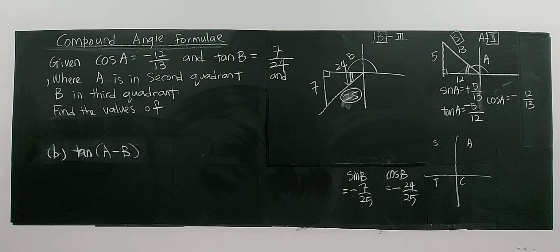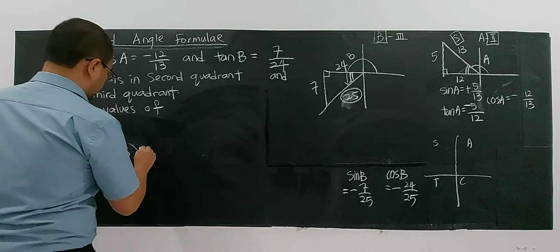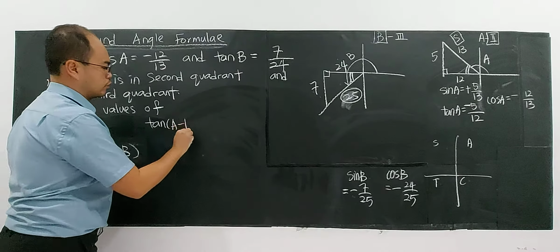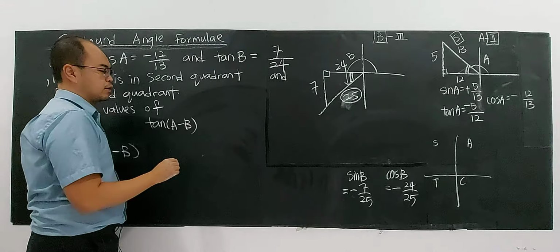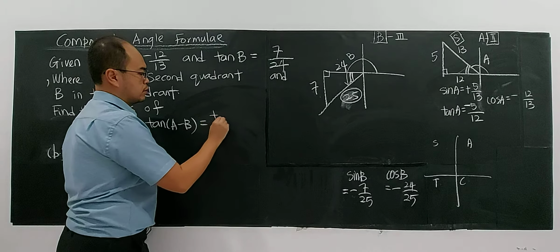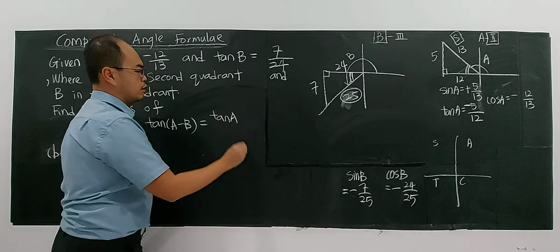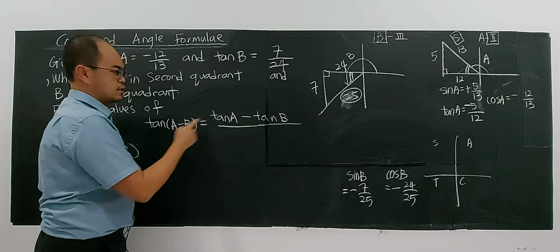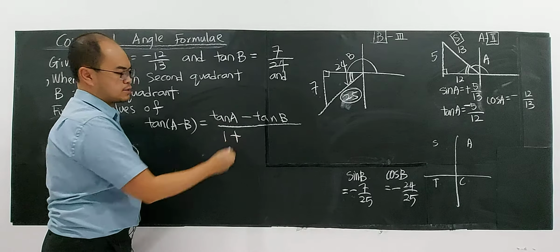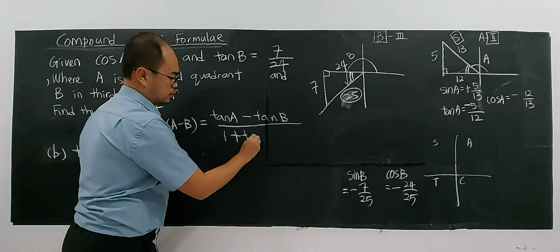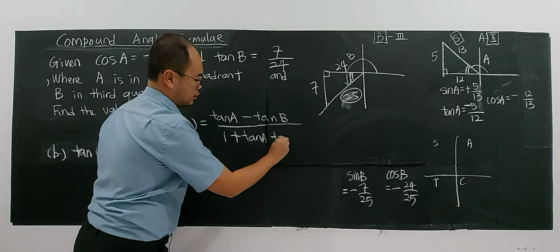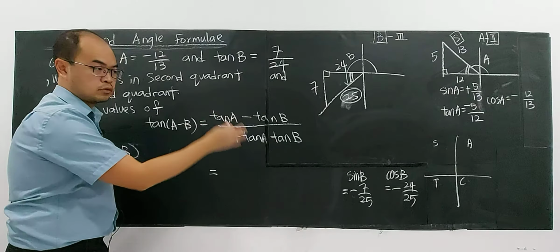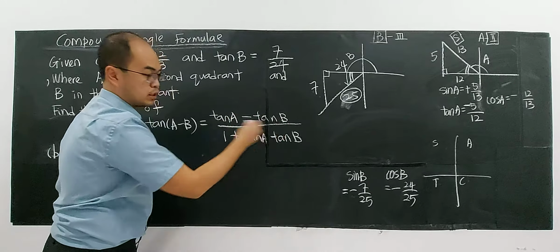Alright, let's continue with part B, tangent A minus B. You already know the formula for the compound angle of tangent A minus B, which is tangent A minus tangent B, over 1 plus tangent A tangent B. You know the formula, then you take all the values and put them here, then you evaluate.